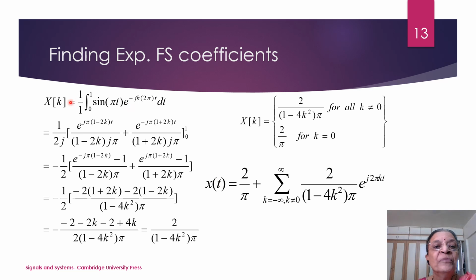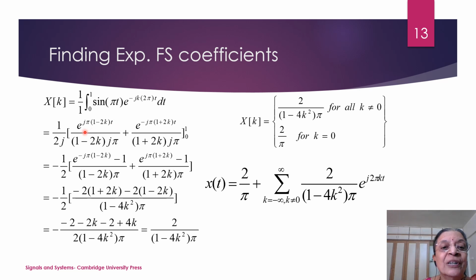So how do we calculate it? Here we go. Xk can be written as, this is even symmetry, so calculate only the cosine terms. No need to calculate the sine terms. So integration 1 upon period, period is 1, integration 0 to 1 sin(pi t) e raised to minus j k 2 pi t dt. Sin(pi t) is the corresponding function, the periodic function, which is the rectified sine wave.